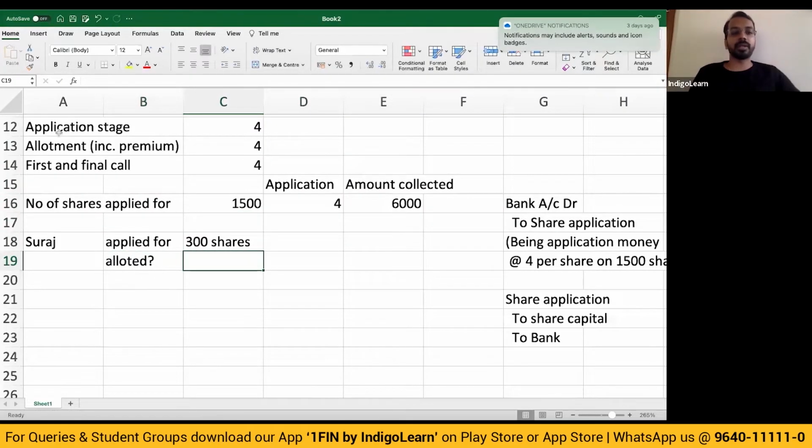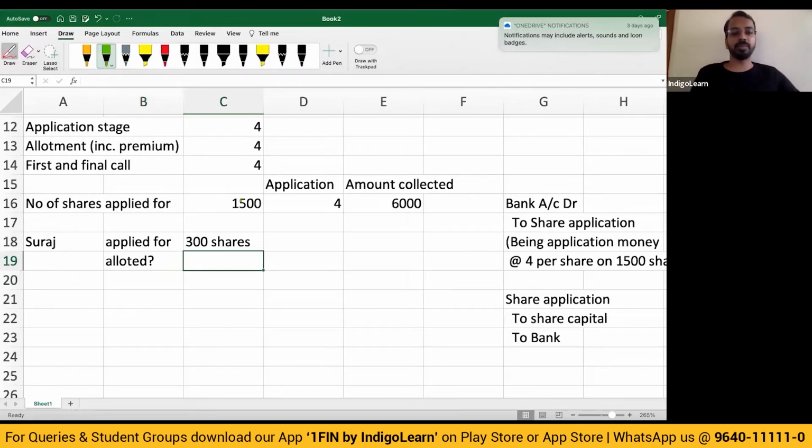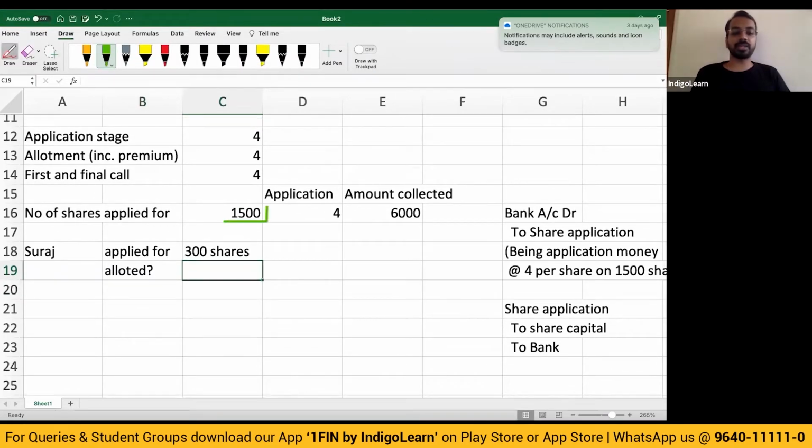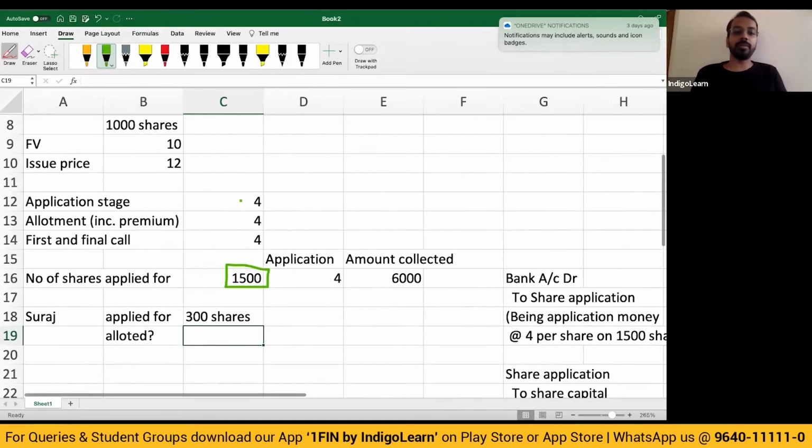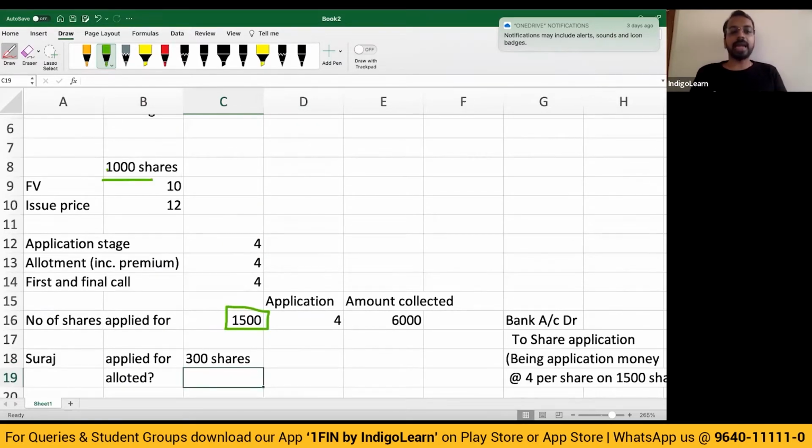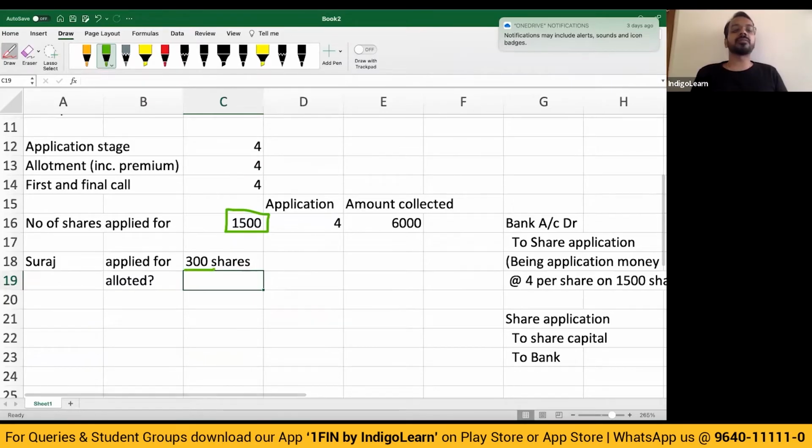What will be the allotment? So the question here I am repeating once again. Total number of shares applied for is 1500, and if the company has decided to do a pro rata allotment, they can allot only 1000 shares, and I have applied for 300 shares. How many shares will I be allotted?